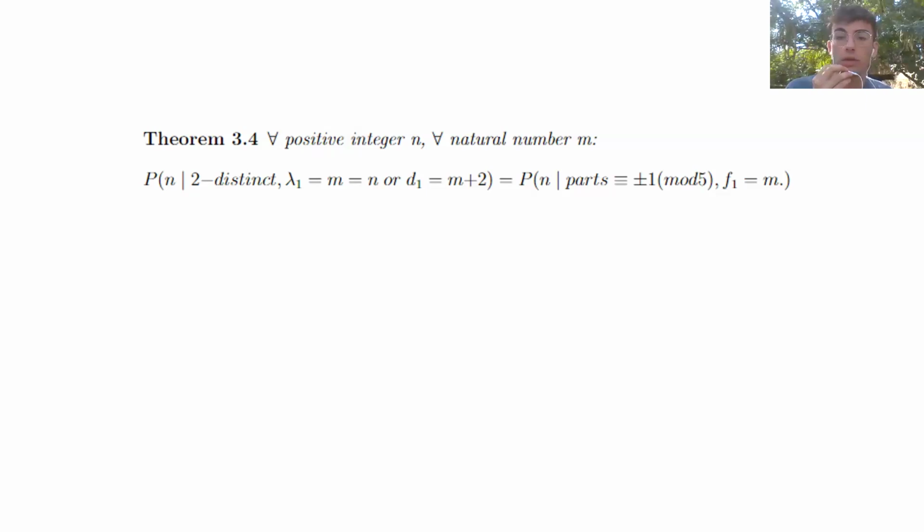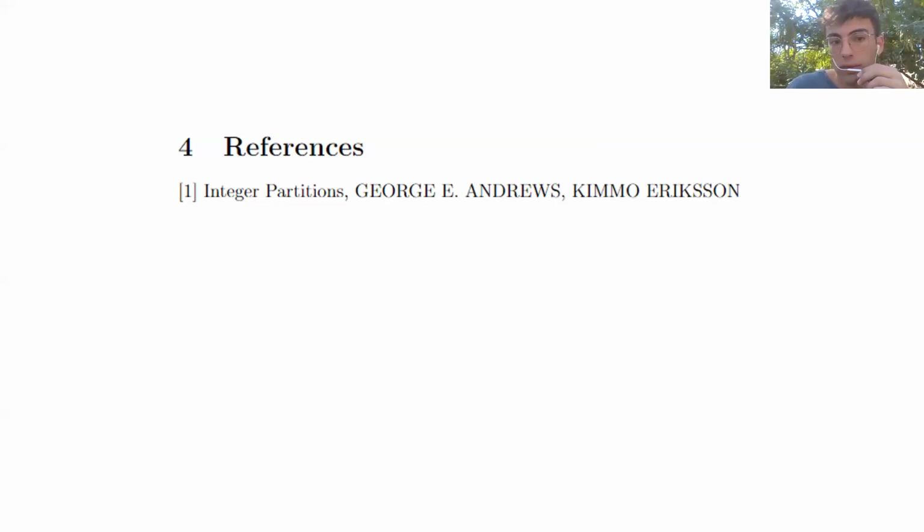So in order to find the bijection, maybe we can match by using these statistics: the number of 1s we use on the right-hand side, and d1. There is a relation between d1 on the left-hand side and f1 on the right-hand side. Yeah, that's all. Thank you for your listening.